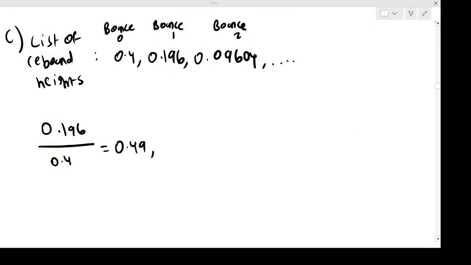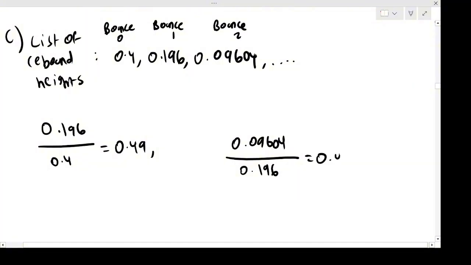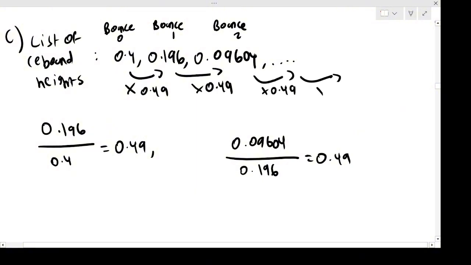But if I also then do 0.09604 divided by 0.196, I also get 0.49. That's telling me, in other words, that to get from 0.4 to 0.196, I multiply by 0.49. Likewise, to get from 0.196 to 0.09604, I also multiply by 0.49. You can then imagine we're going to keep timesing by 0.49 to get to the next and next heights.